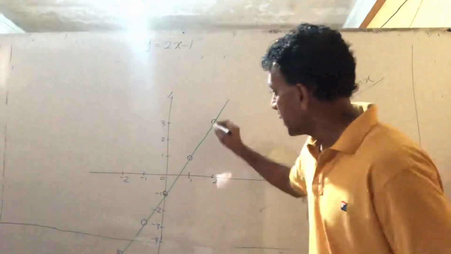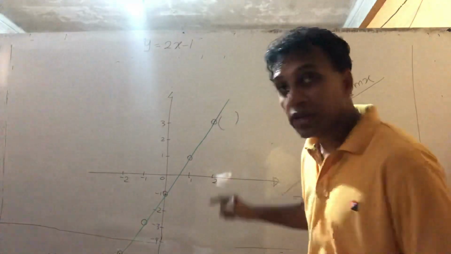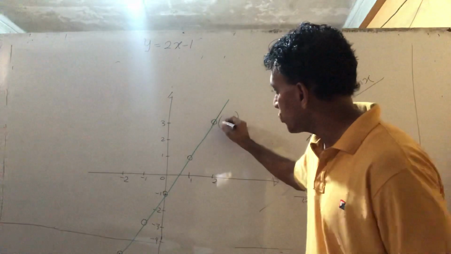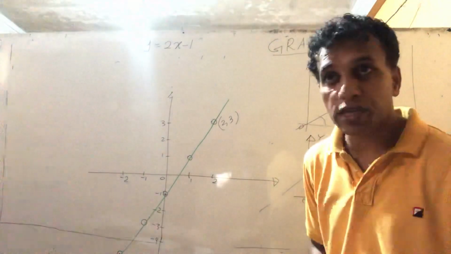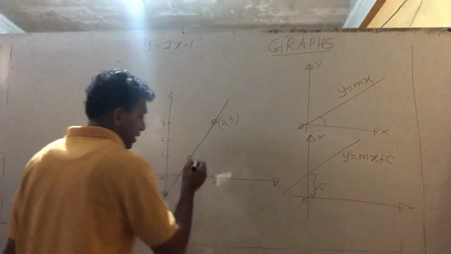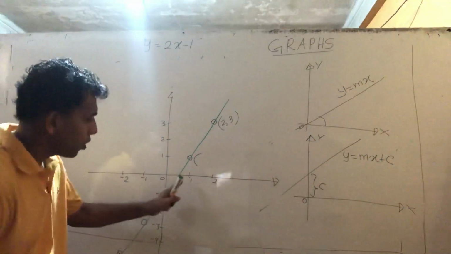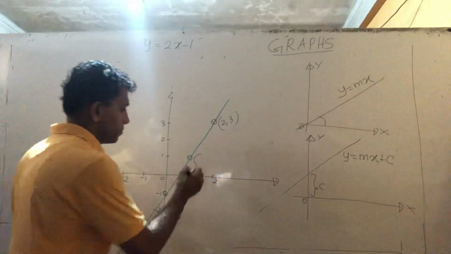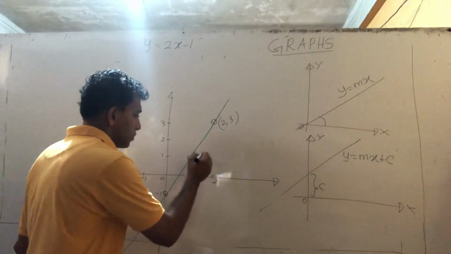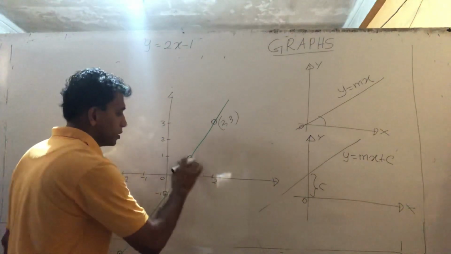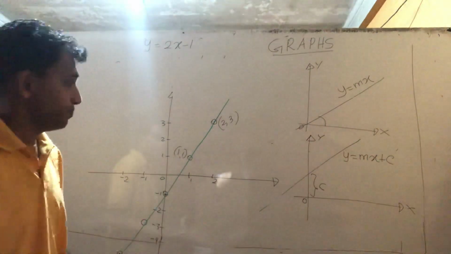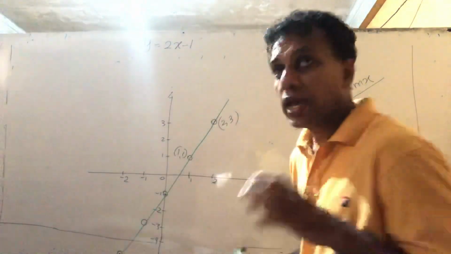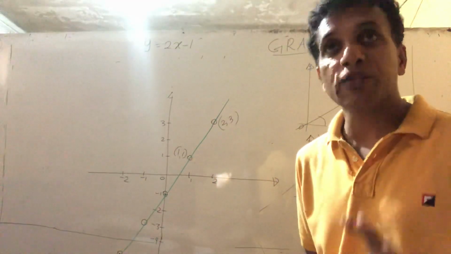That means what are the coordinates? This coordinate is 2, 3, and what is this coordinate? This coordinate is 1, 1. Okay, I show here 1, 1. Right. Now see another method of finding the gradient.